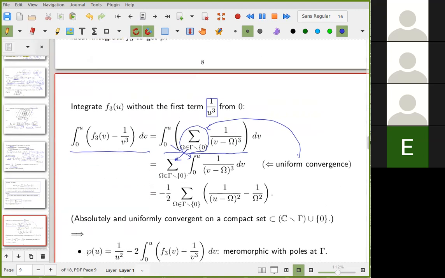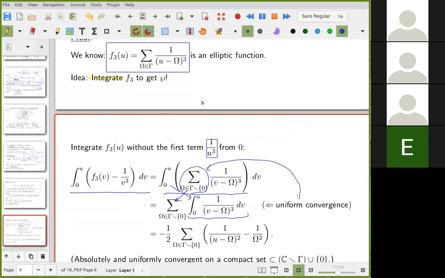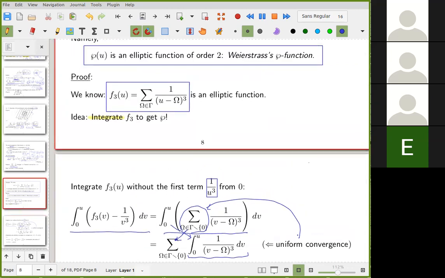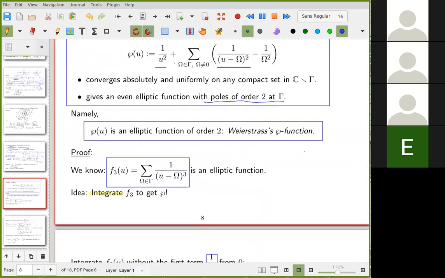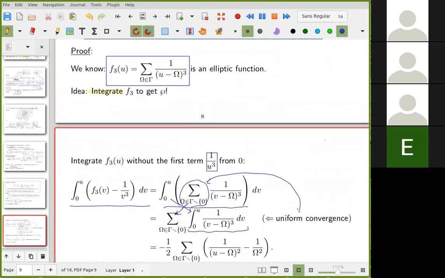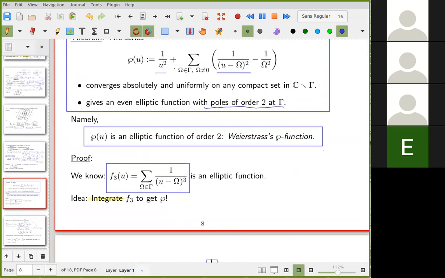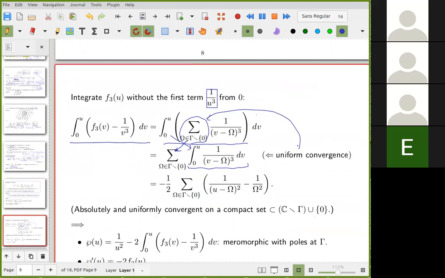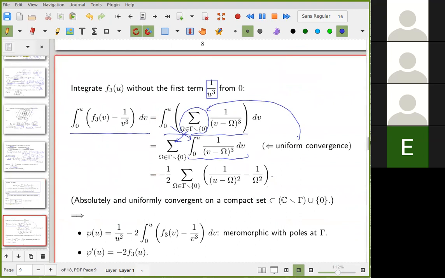And this integral can be computed easily. At least you should be able to compute such integrals easily, and it gives this part, with some constants.